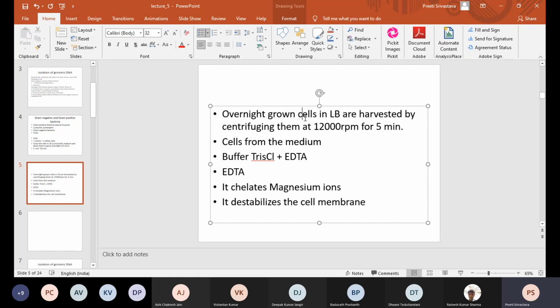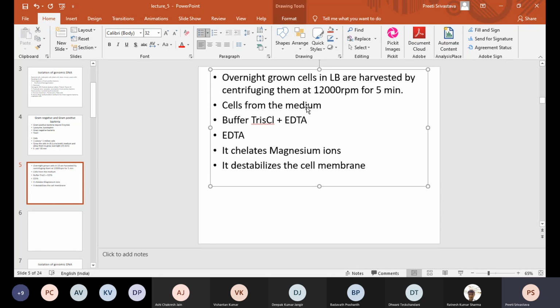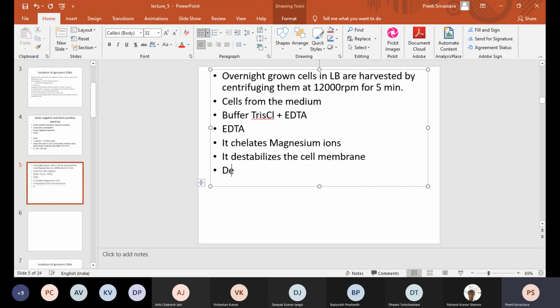Once you resuspend it in TrisCl and EDTA, the next step is we treat these cells with a detergent. And the detergent that is used is SDS. Ma'am, just a second. What's the function of TrisCl? It has just a buffering action. When we use the TrisCl buffer, it has a pH of around 8.